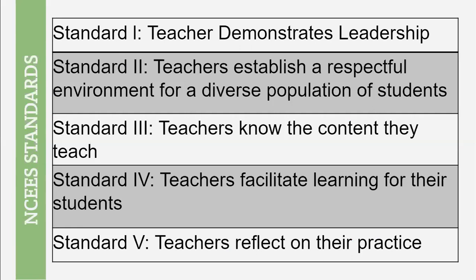And finally, with assessment, you use multiple indicators to assess what students should have learned, or you assess what they are learning. In Standard 5, teachers reflect on their practice. As we reflect, we must use data to reflect. So you collect and analyze data. You're constantly asking yourself, what can be done to improve instruction? Or you look at your data, your positive data, and ask yourself, why are they learning?